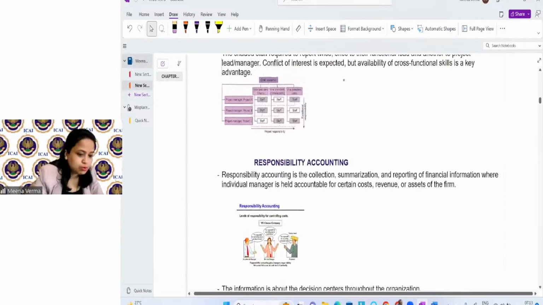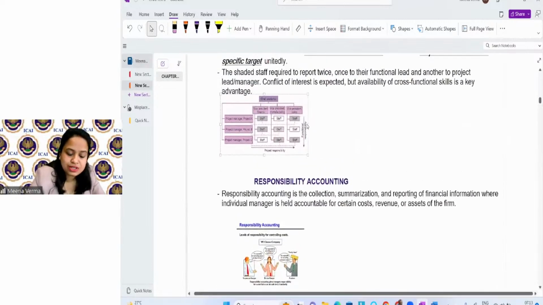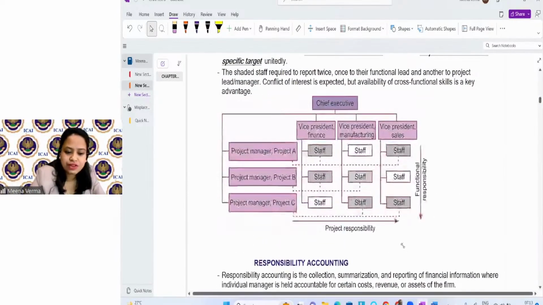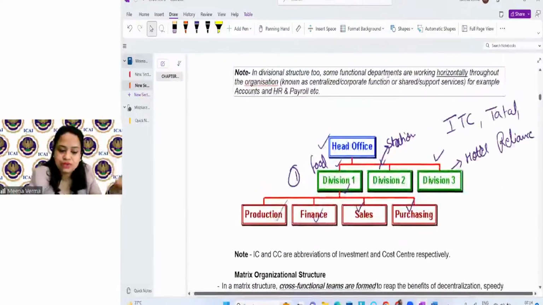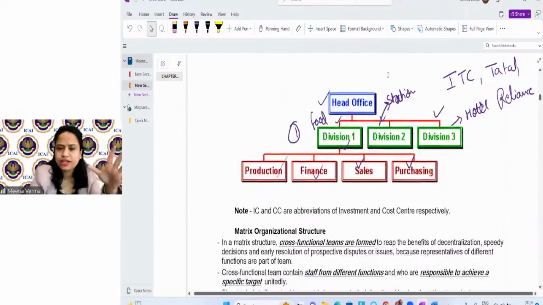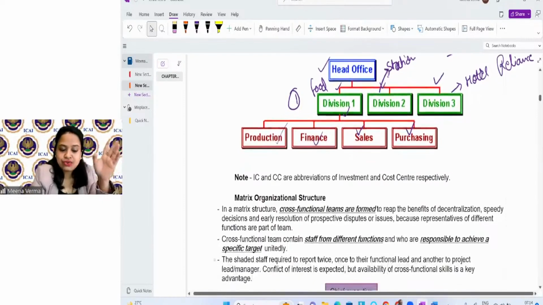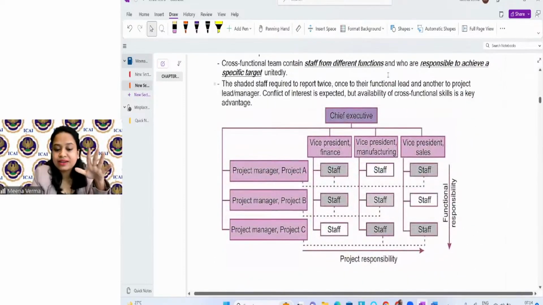Okay. Now the point is that to make it more effective, because the divisional structure is not very effective, the organizations these days actually use what? To use the resources in best possible way, instead of having this type of divisional structure, big organizations like ITC, Tata, and Reliance have the matrix divisions.